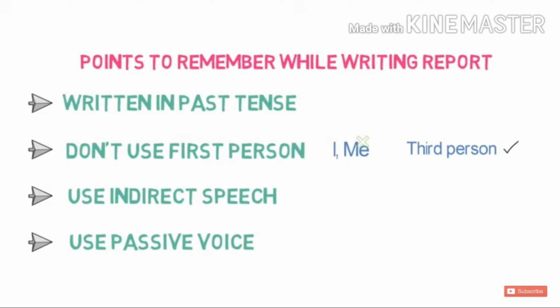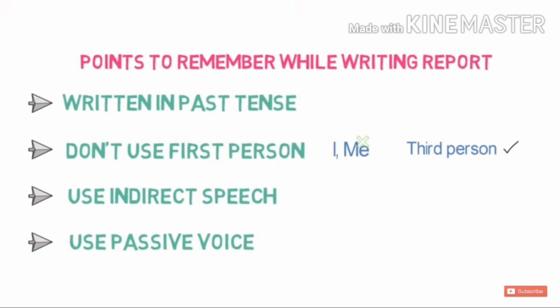The first and foremost point is the report must be written in the past tense. Means you should know about the tenses. Secondly, we don't use the first person in writing a report, that is I, we, me.